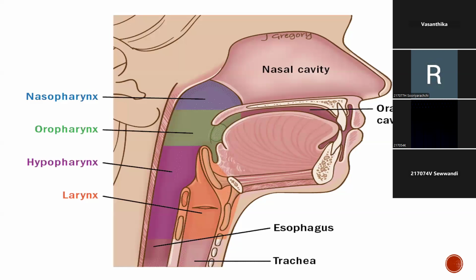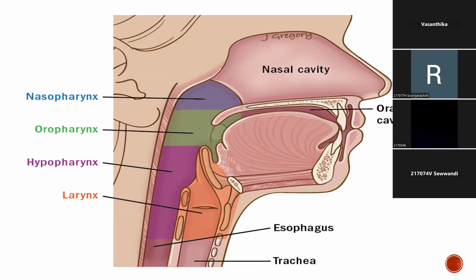So if you can remember your anatomy, the upper airway has the nasal cavity. Then we have three areas in the pharynx: nasopharynx, oropharynx, hypopharynx, and then the larynx. So these are the areas you have to remember related to the airway.